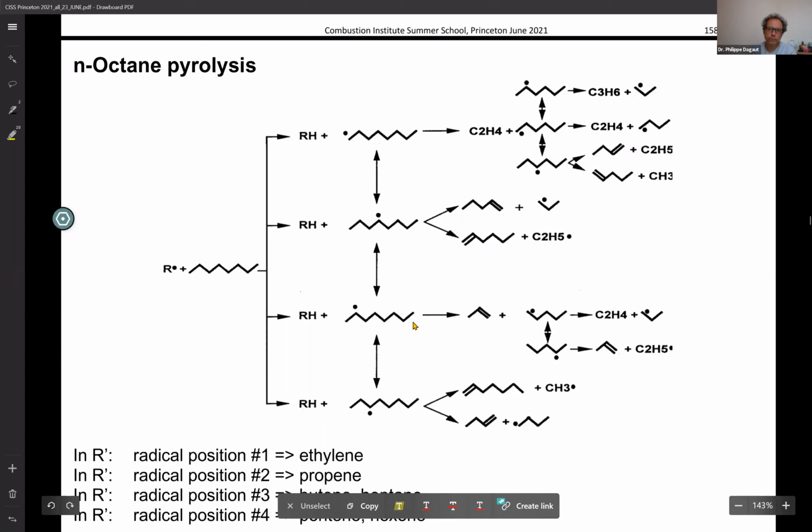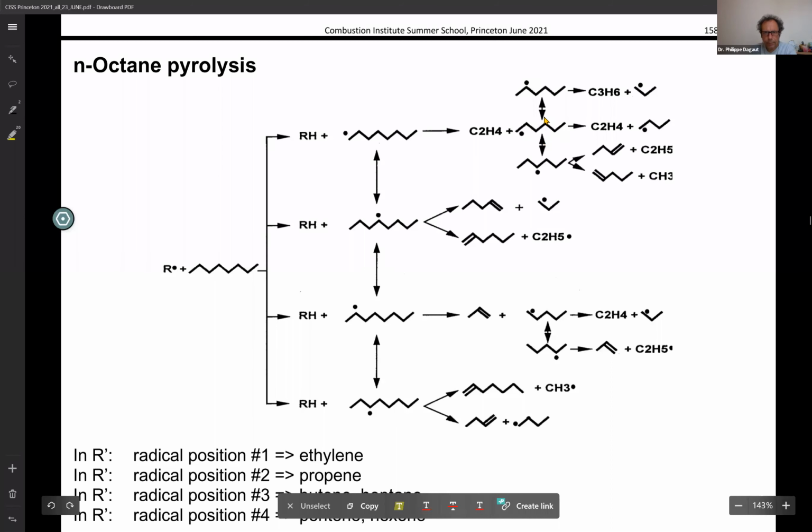So the first one can react by beta scission to form ethylene, and ethylene plus different radicals. The first one here can in turn decompose and produce propylene and a C3 radical.